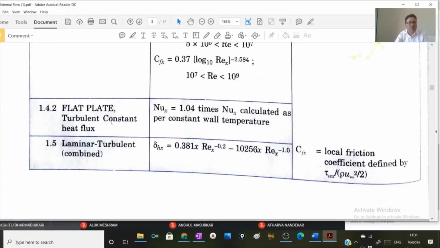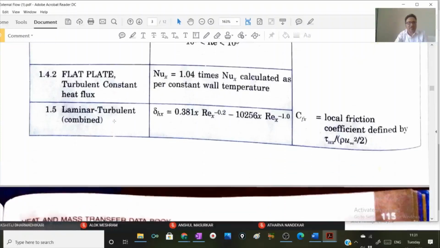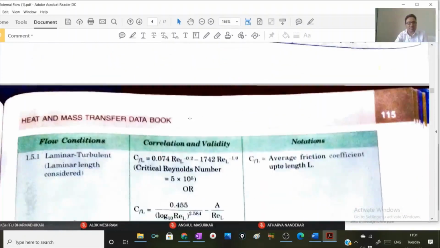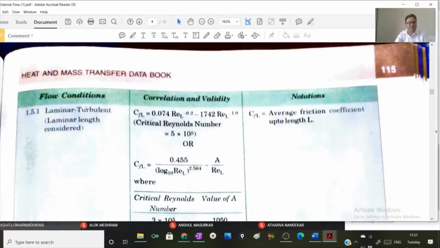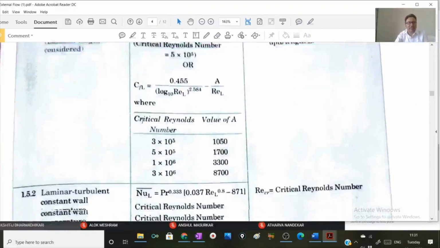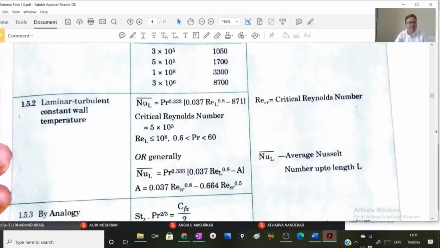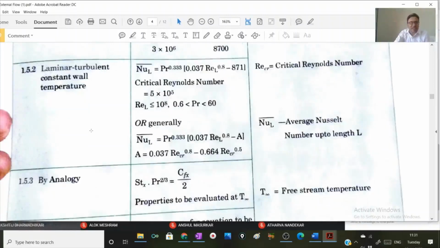1.4.2 is for constant heat flux. 1.5 is for laminar turbulent combination of flow. 1.5.1 is also laminar turbulent combination. 1.5.2 is laminar turbulent combination, constant wall temperature, whereas we have considered the turbulent flow over the entire length.